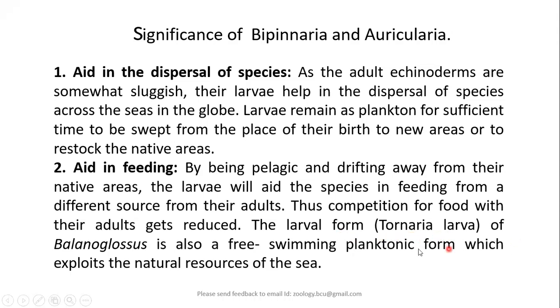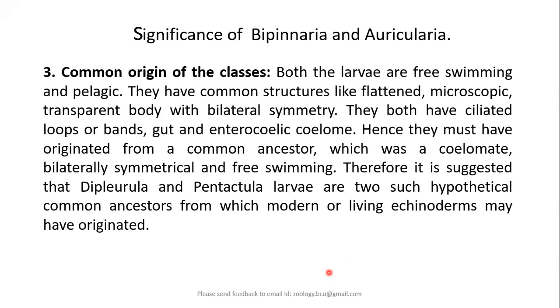The Tornaria larva of Balanoglossus is also a free-swimming planktonic form which usually exploits the natural resources of the sea away from its own adult. So we can see the larval character of a lower chordate in the echinoderms.